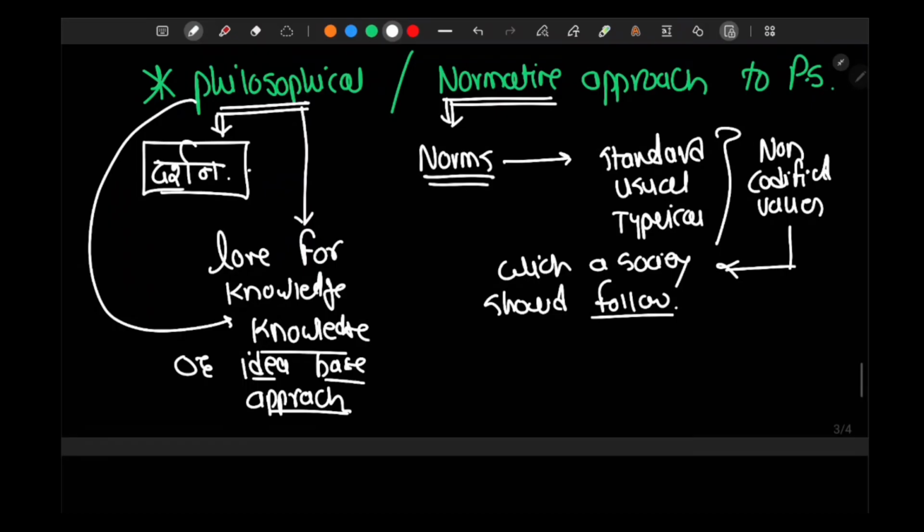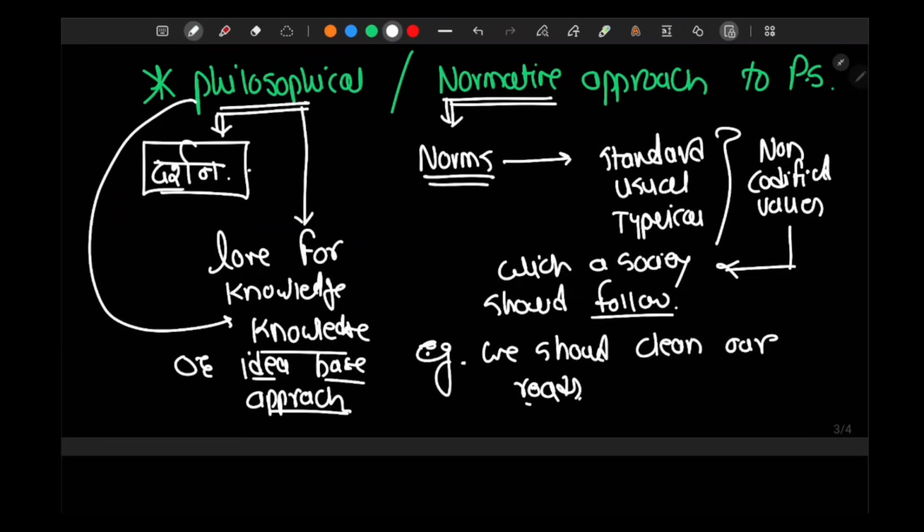What is a norm? Let's say society extends this norm that we should clean our roads. There is this value of cleanliness that we have to follow.